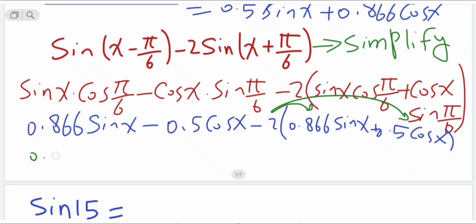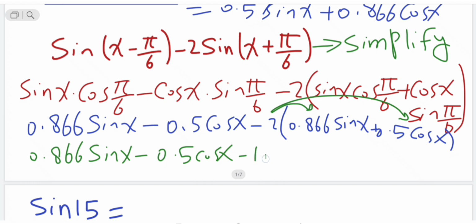So 0.866 sin x minus 0.5 cos x minus 2 multiplied by 0.866, which is equal to 1.732 sin x, minus 2 multiplied by 0.5, which means 1. 2 times 0.5 equals 1. So 1 cos x.